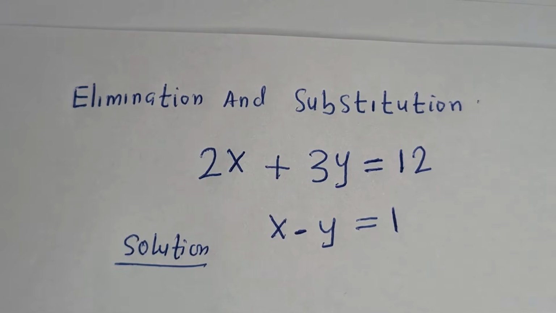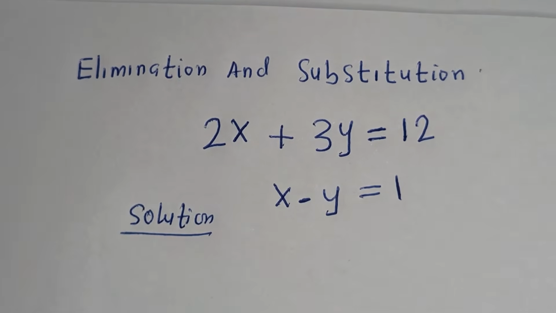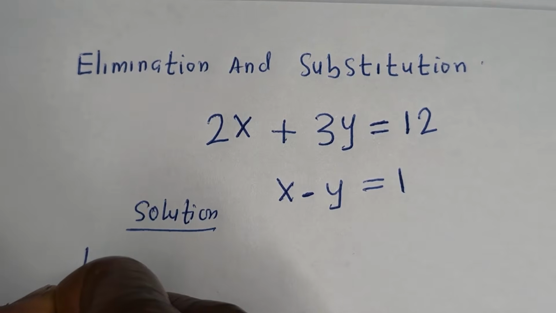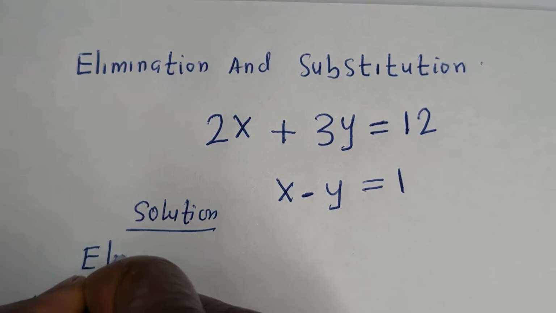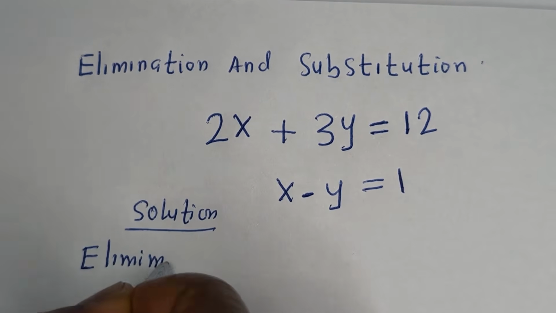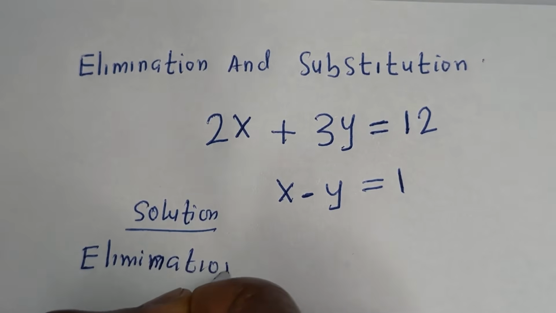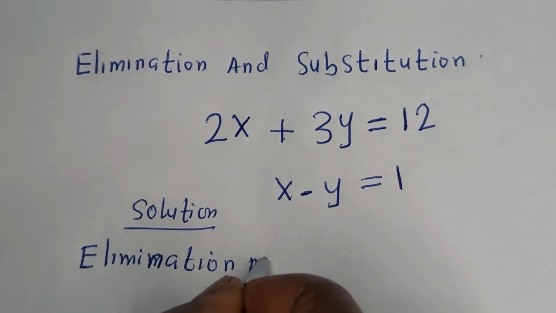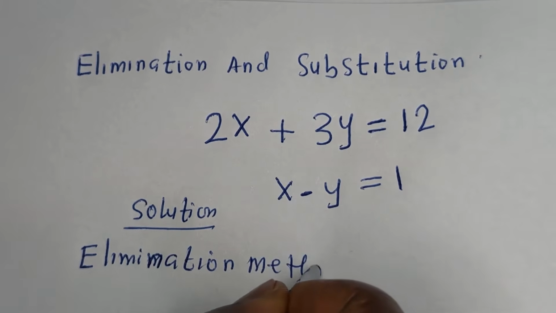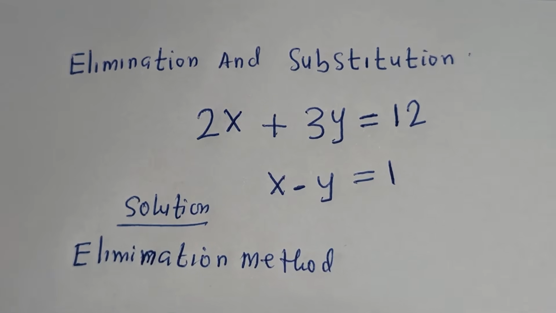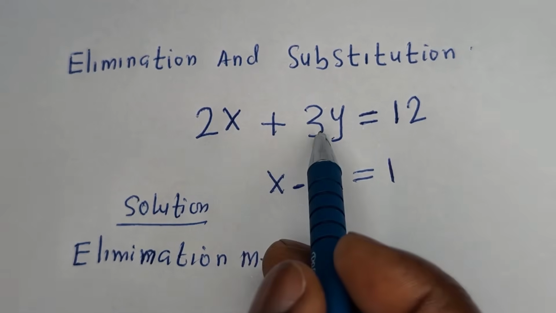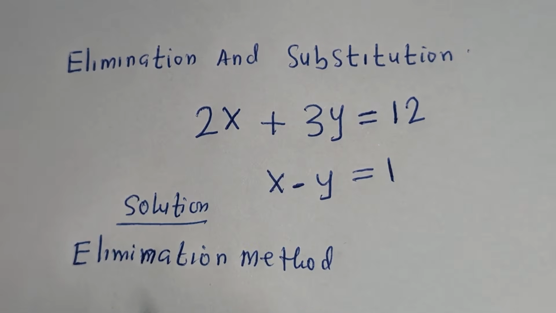Now, let us consider the first method called elimination method. From here, 2x plus 3y is equal to 12.